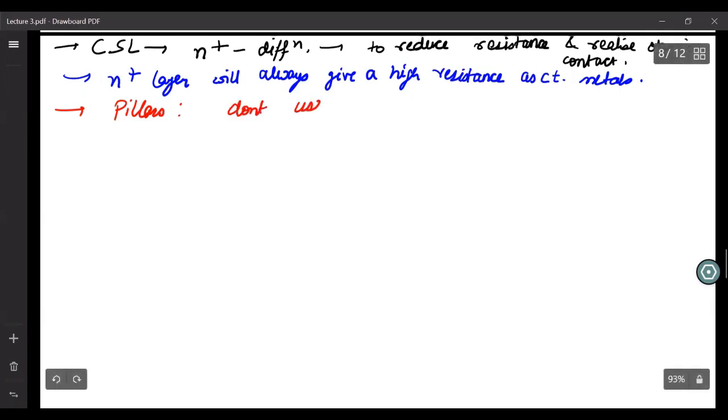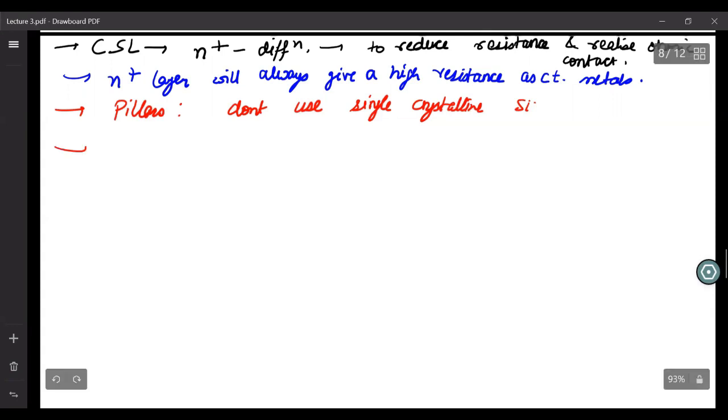they don't use single crystalline silicon. Instead, like in your 2D NAND flash cells, what you used was single crystalline silicon. It was close to a MOSFET, but you only placed your floating gate or a nitride storage layer in your gate stack. But here, they don't use single crystalline silicon.